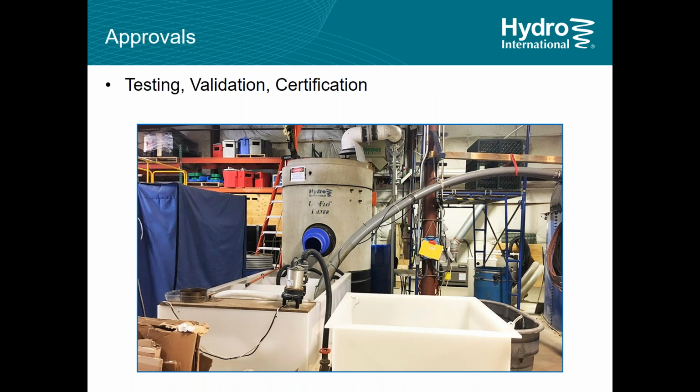So when it comes to approvals, testing, validation, certification, as I say, Hydro has a high-quality lab. It's a world-class lab that allows us to do a lot of the pre-testing and characterization before we send our equipment out to third parties for validation, so we know very well what we expect the performance to be. That's one of the advantages that Hydro has, and we're very proud of that lab and the people that work in it.